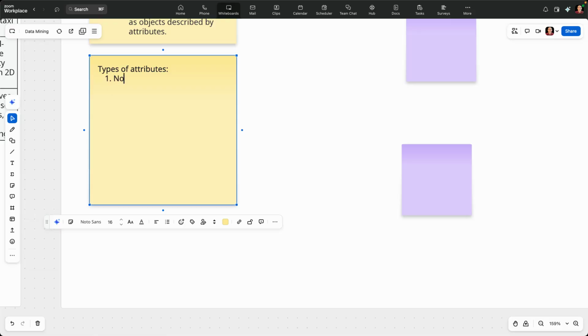All right, so we have nominal, ordinal, interval, ratio, discrete versus continuous, and asymmetric. So those are our types of attributes.